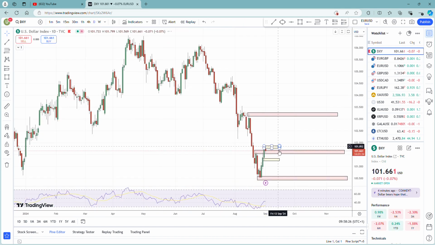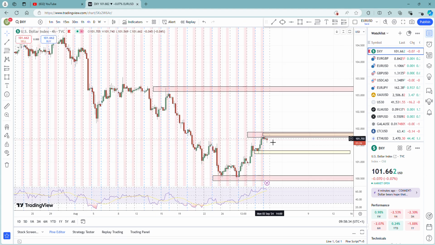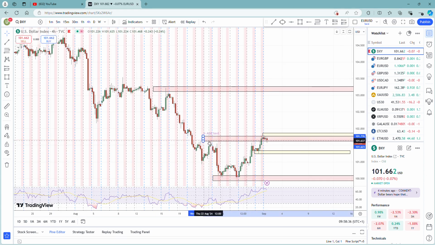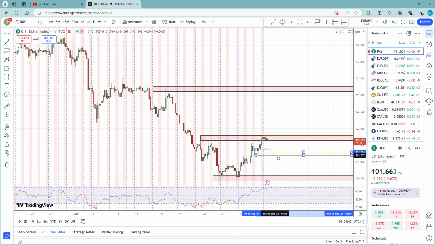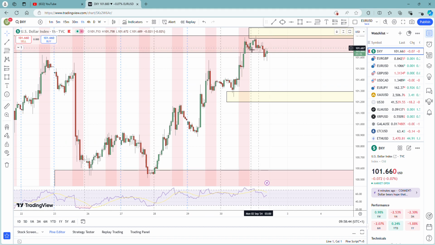However, if we look on the daily, let's say this is a daily resistance. Go to H4, could potentially go down. We don't know. It's not 100% certain. It's not clear yet. Go to H1.